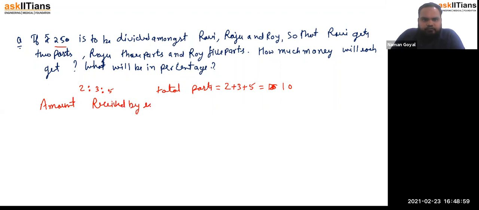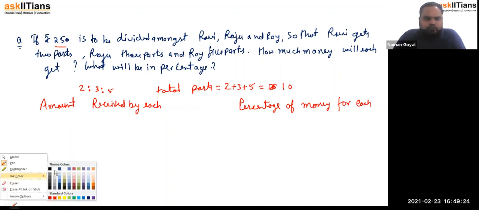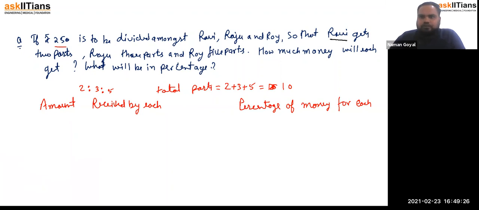Then we are going to find the percentage of money for each. So we are going to do first for Ravi.